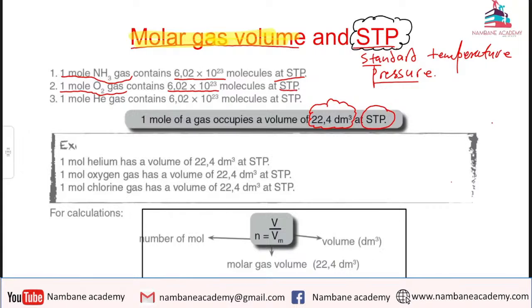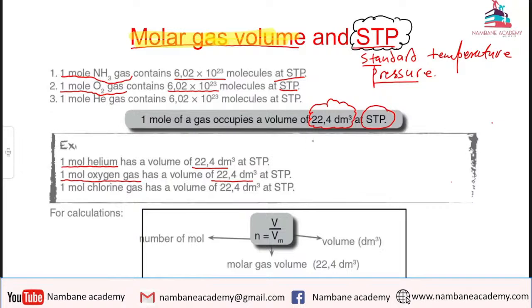But I am interested in what 1 mole means in terms of the volume itself when we are at STP. So 1 mole of helium has now what? 22,4 decimeter cubed at STP. 1 mole of oxygen gas has now what? 22,4 decimeter cubed of volume at STP.